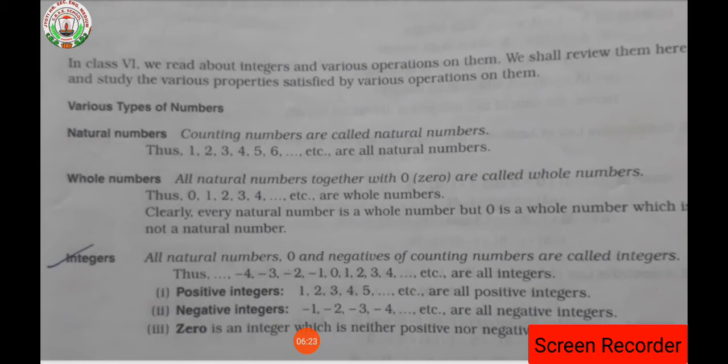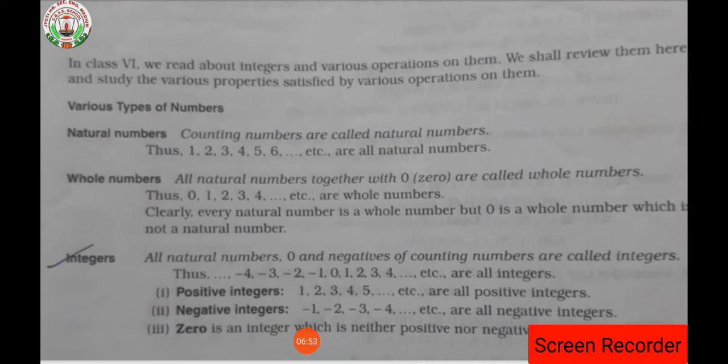So this is the introduction of the chapter. Since it is class 7th, you had already studied many definitions in class 6th. So this is a general introduction about integers. In the next video we are going to see the properties of integers, which you had already studied for whole numbers in class 6th, like closure property, associative property, commutative property, additive inverse, multiplicative inverse.